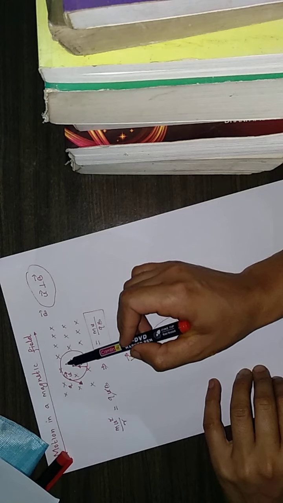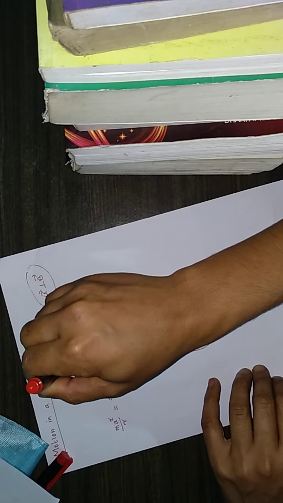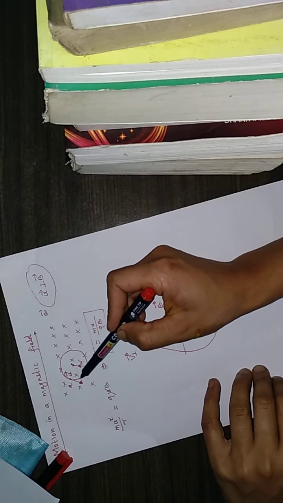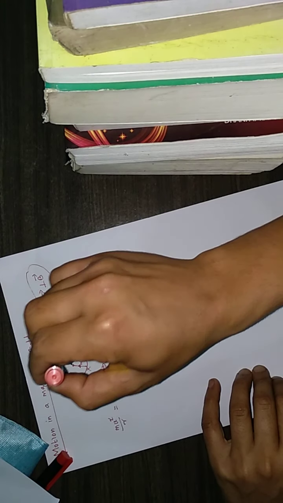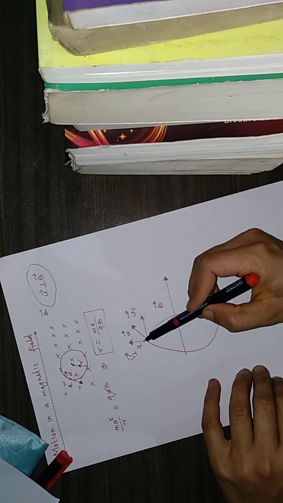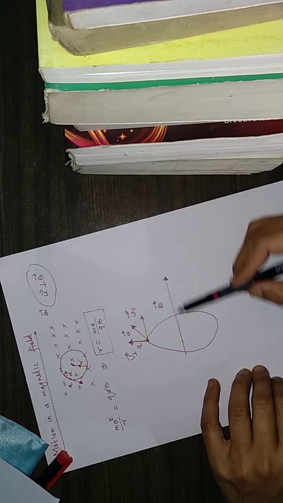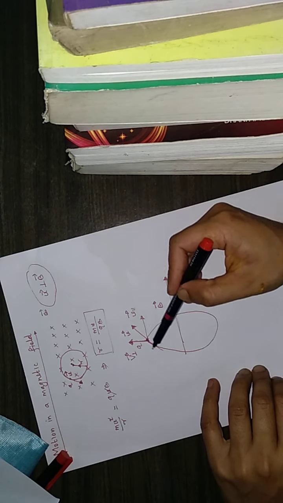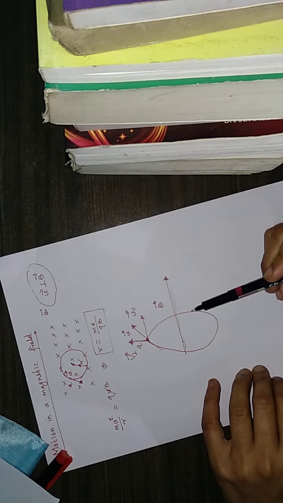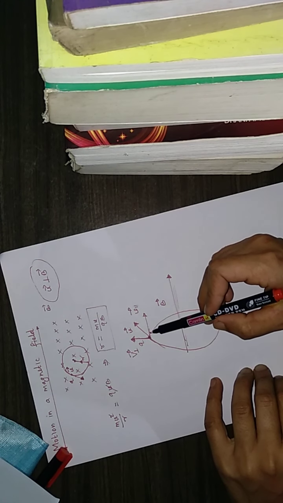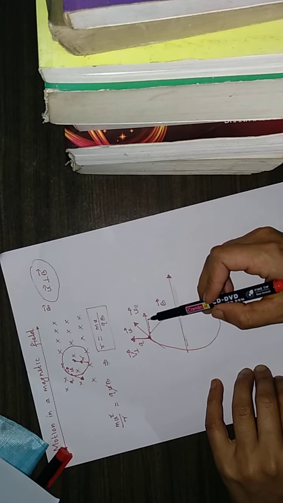So what we saw earlier was, if the velocity was perpendicular to the magnetic field, the trajectory will be circular, which bounds the magnetic field. In a similar manner, this velocity is perpendicular to this magnetic field, so it will have a circular trajectory which will bound the magnetic field.